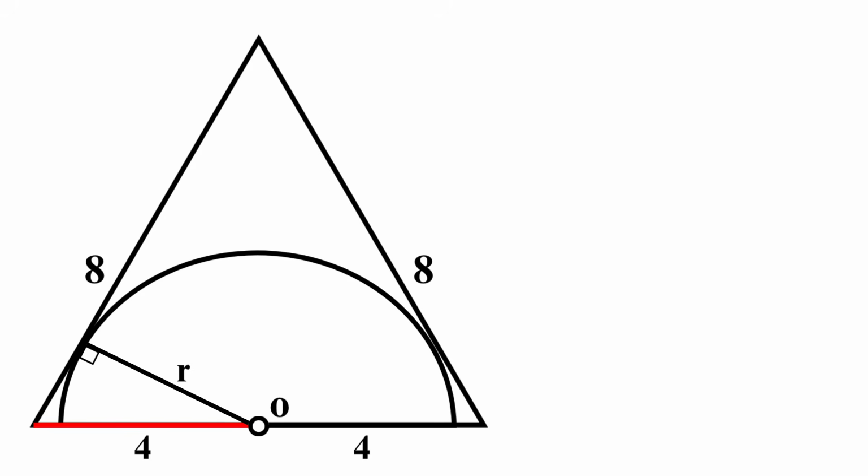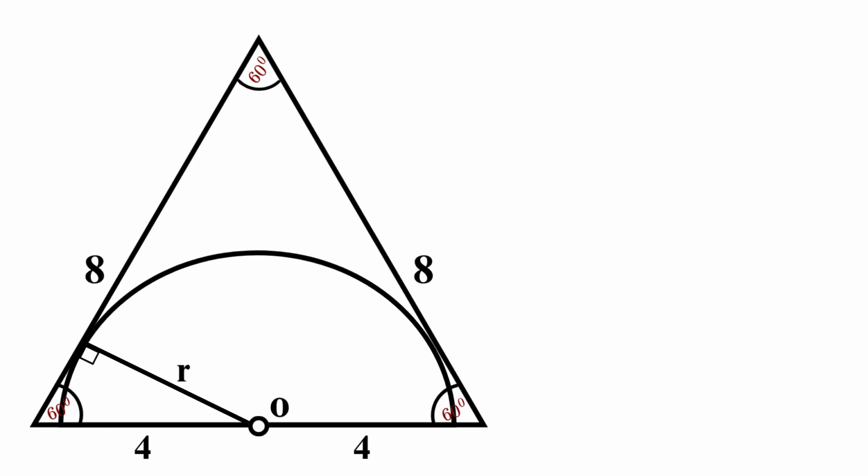Second, the perpendicular side of this right triangle is the radius R. Third, the angle. Since this triangle is equilateral, every interior angle is 60 degrees. The angle at the bottom corner of the equilateral triangle is 60 degrees, and this same angle appears in our right triangle.